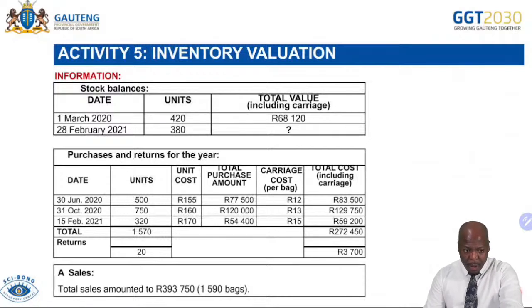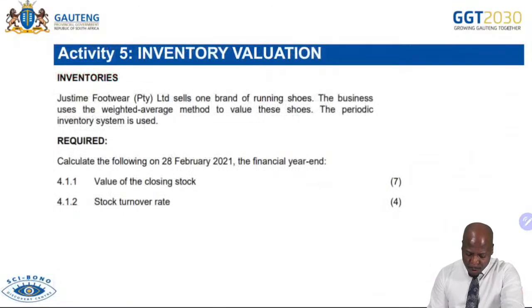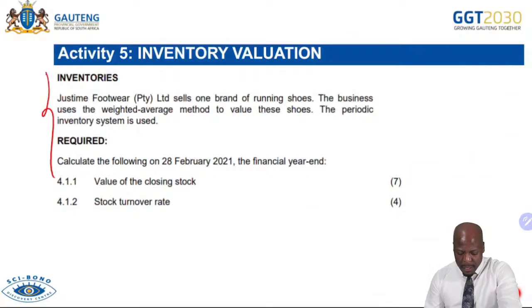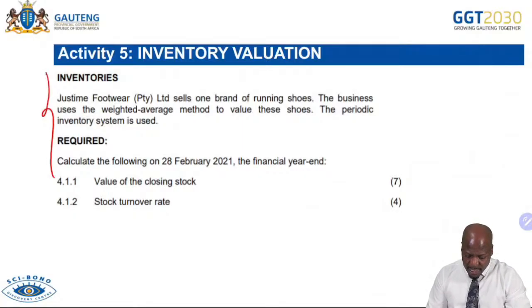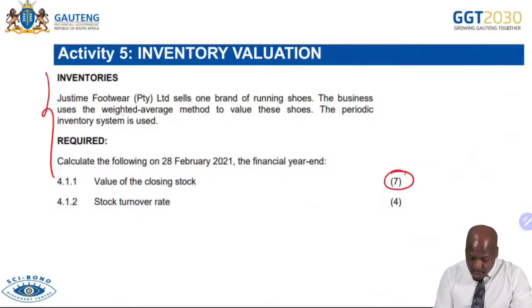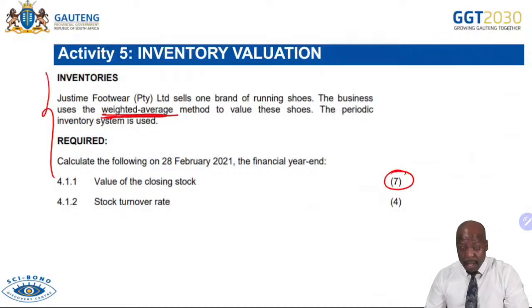So what we're going to do is, number one, we're going to calculate the value of closing stock. All right. So this is the question that we're looking at. It's going to begin here. That is our activity. The previous one was a different one, but this one is the one that we're focusing on. It looks at the value of closing stock here using the weighted average method. Okay.